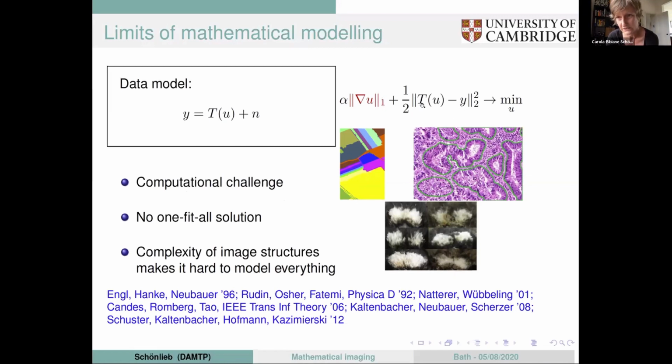These capital T's, these forward operators, are also costly to evaluate. And then, even worse, I've made things worse by having this non-smooth regularization here. So you can't just use plain vanilla gradient descent to optimize this, because you can't even differentiate this. So there's a computational challenge.